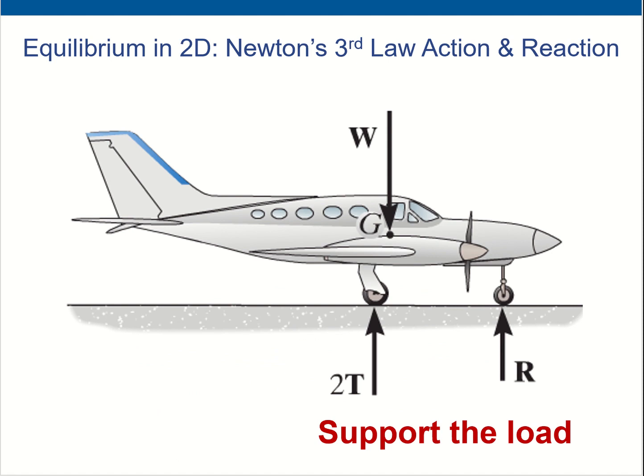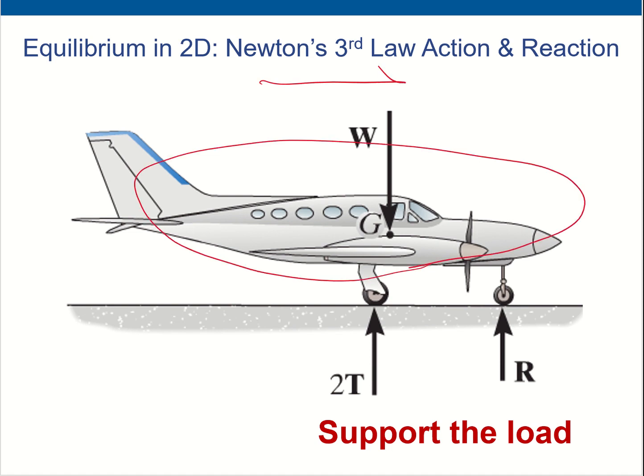For example, this is a simple example to explain the support reactions. Let's look at the figure. We have a nice airplane, and from a two-dimensional point of view, the airplane has a weight, and it is pretty rigid.